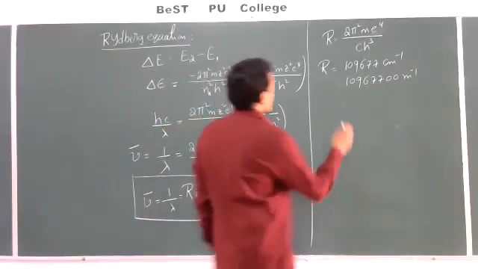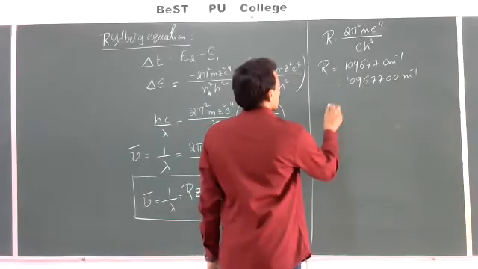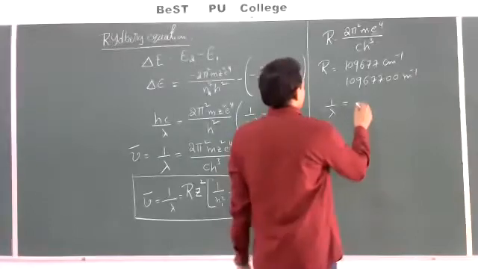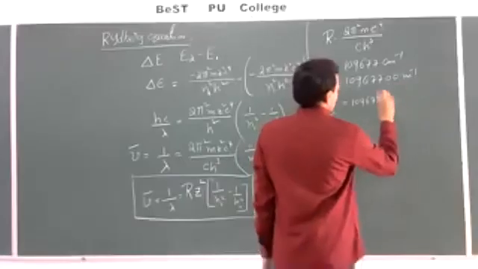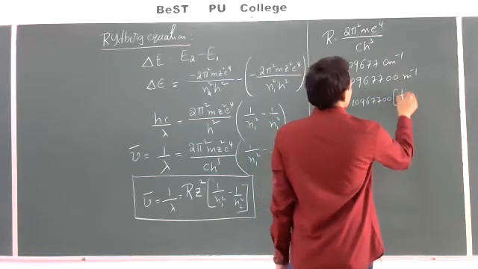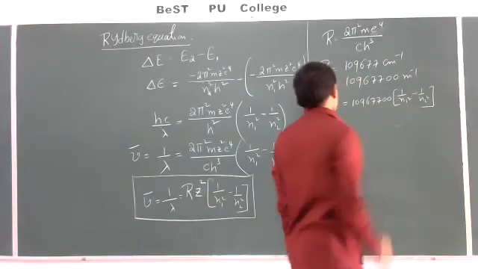So this equation is written as 1 by lambda is equal to 109,677,000 into 1 by n1 square minus 1 by n2 square.